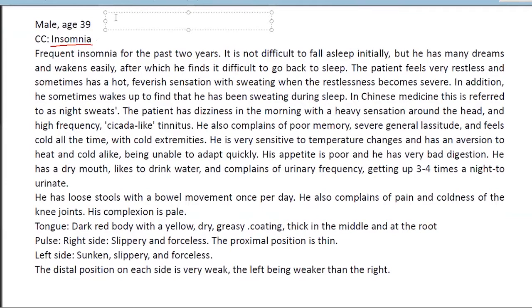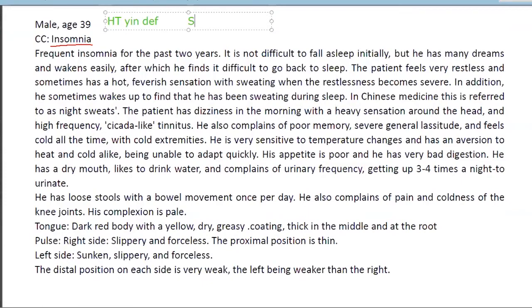Pretty sad person, 39 is not that old, like the case we discussed today. Have a lot of problems. Heart yin deficiency.